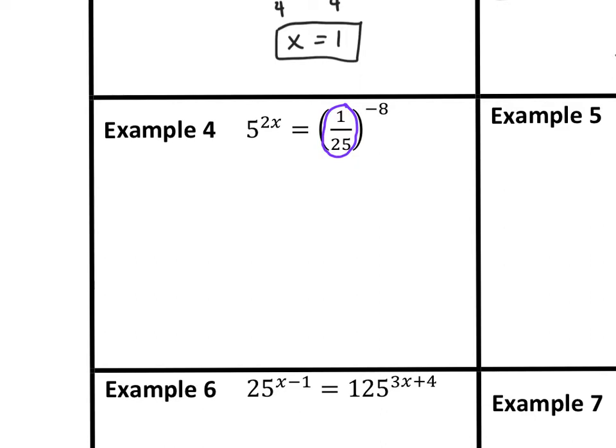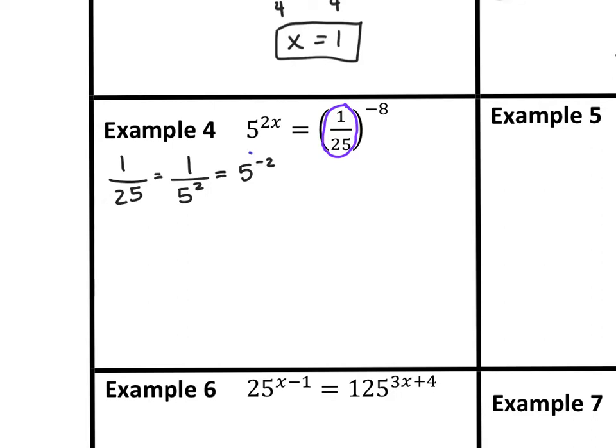So, I'll give you guys some time to think about it. And so what we should come up with is, if I have 1 over 25, that's the same thing as 1 over 5 squared. But if I want to move the 5 squared to the top, I can move the 5 to the top, but then the 2 becomes negative.